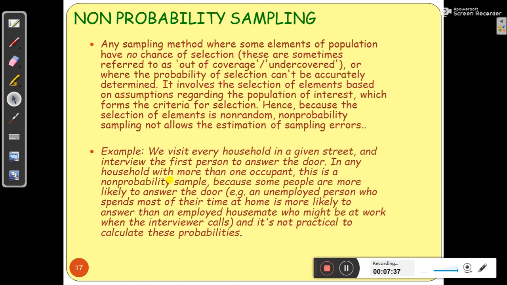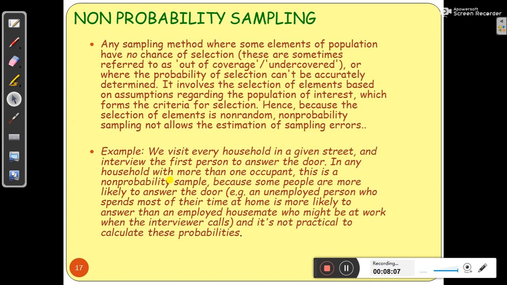So when we deal with non-probability based sampling, we think about a criterion depending upon which we will go for selection. Here we are not going for a probability measure. Hence, in non-probability sampling, the selection of elements is non-random.